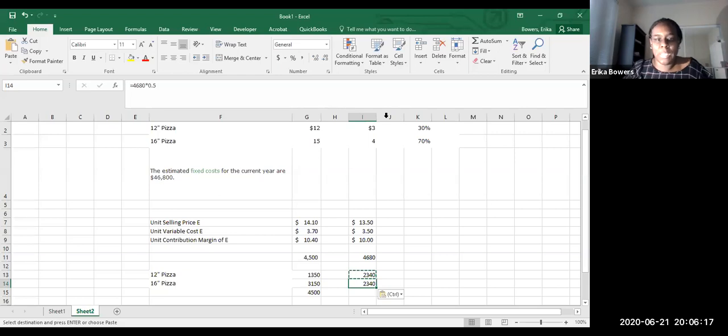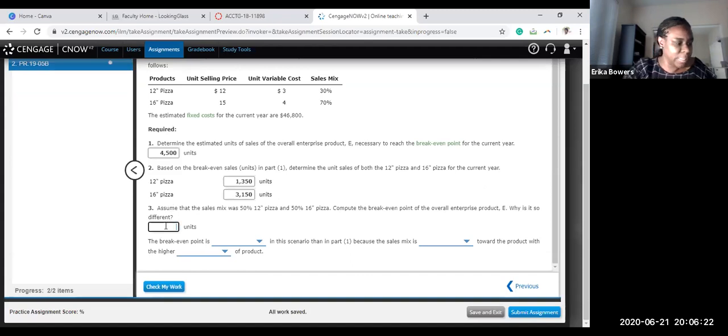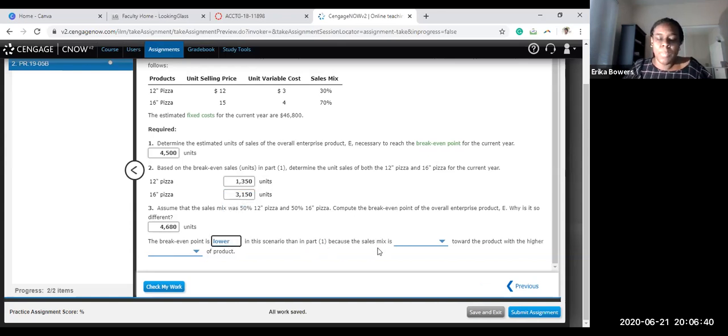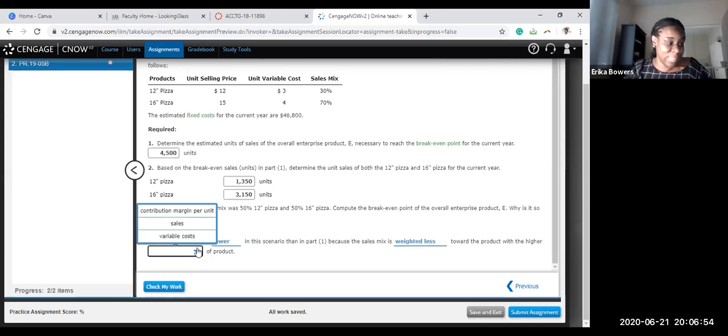Now let's go put these numbers in over here. So we said 4,680, right? It says the break-even point is lower, higher, or the same as in part 1. So it's actually lower, right? It's lower because the sales mix is weighted less towards the product with the higher contribution margin per unit.